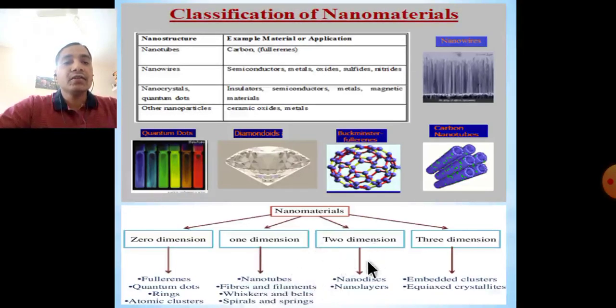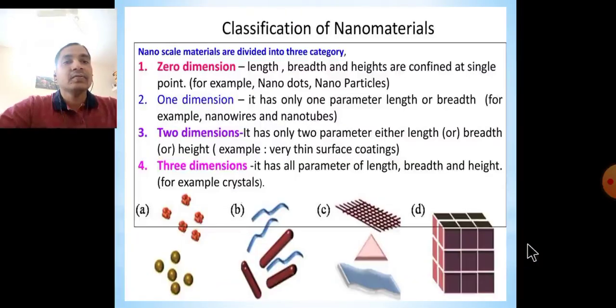Two dimensional: nanodisks and nanolayers. Three dimensional: embedded clusters and equiaxed crystallites. Nanoscale materials are divided into three categories.